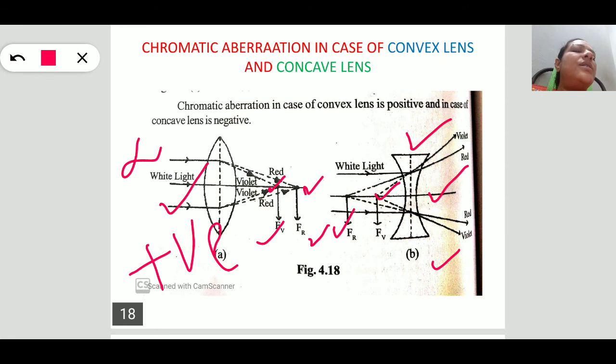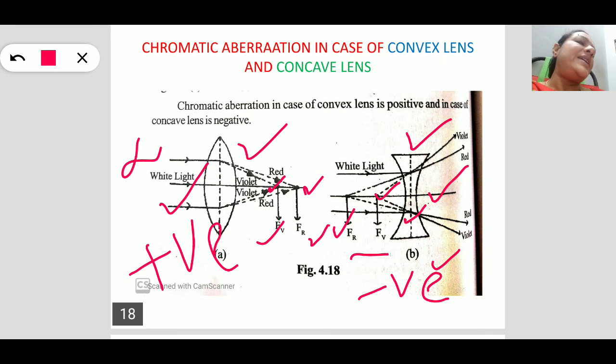This is the chromatic aberration for the concave lens, but it is taken as negative. This is because it is opposite to the direction of the light rays, whereas in the convex lens it is in the direction of the light rays. So this is the chromatic aberration in the case of convex and concave lenses.